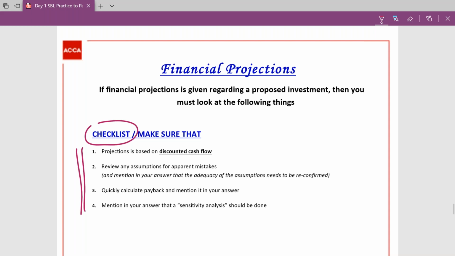No, right? I hope I answered your question. Please remember, SBL is a paper where your drafting is supposed to be at the board of directors level. So just keep in mind that your report is going to be submitted to the board of directors, the chairman, the NEDs. So no calculations, please.